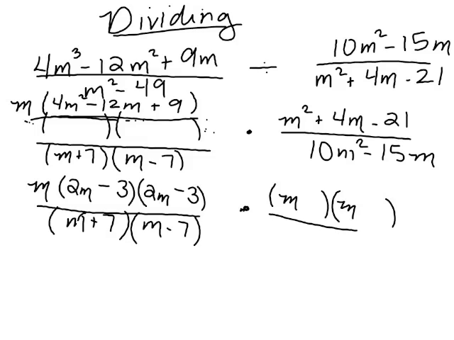Factors of 21 that are going to get me to 4, 7, and 3. My 7 needs to be the positive, and my 3 needs to be the negative. Then on the bottom, let's pull an m out. Do we want to pull anything else out? Yeah, what if we pull that 5 out? 5m. So what do I end up with? I end up with a 2m minus 3.